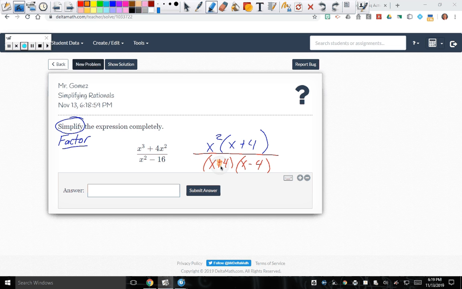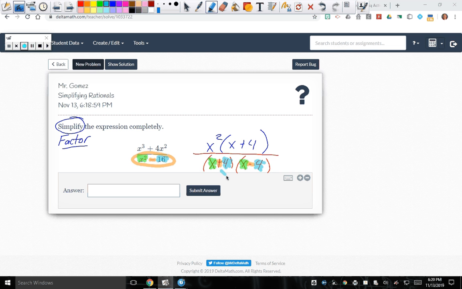This will be a positive and this will be a negative when you have a difference of squares. Okay, so difference of squares, this is a positive, this is a negative, because the first two terms will give me x squared. The last two terms will give me 16.